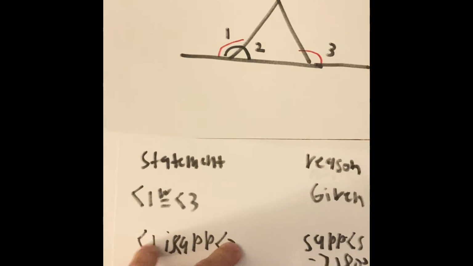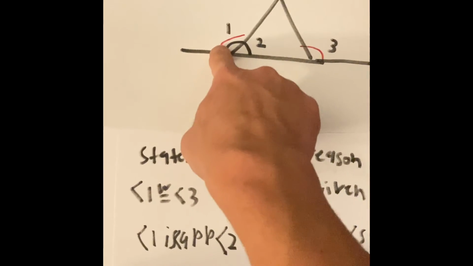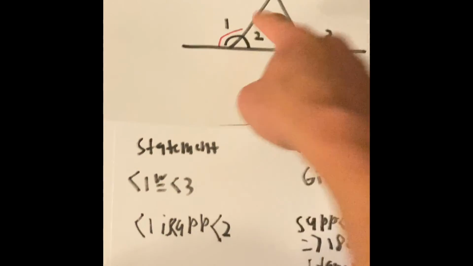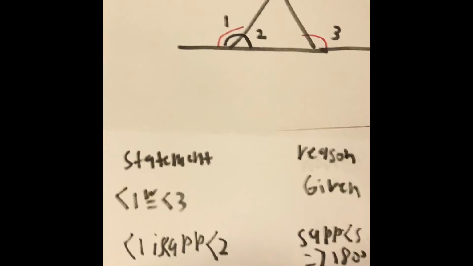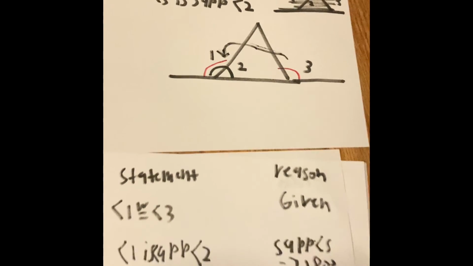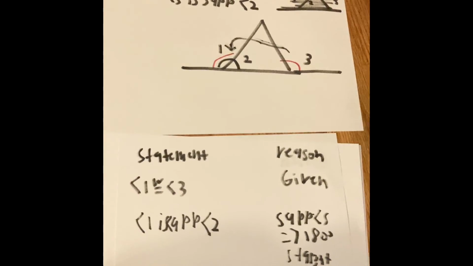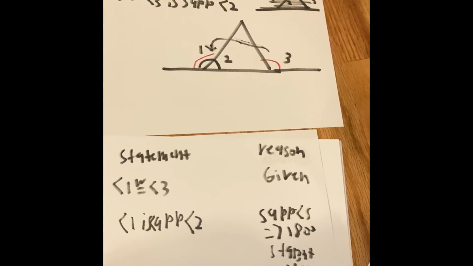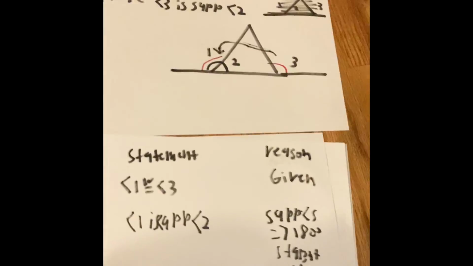So if these two are congruent and that is supplementary to that, we can use the substitution property by replacing angle 1 with angle 3. So that is how we can use the substitution property.